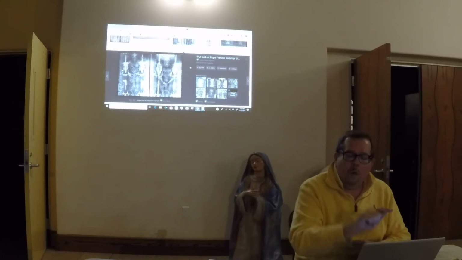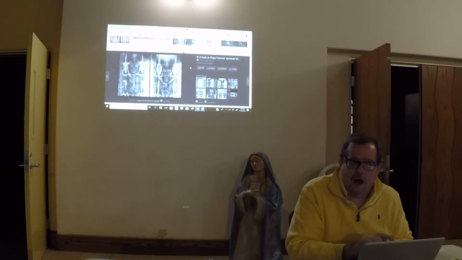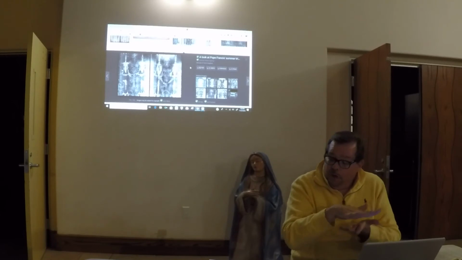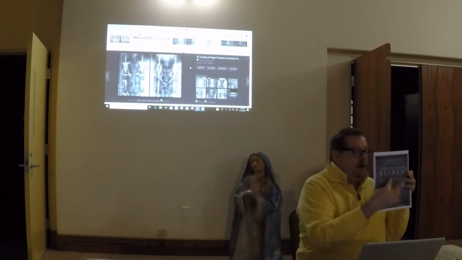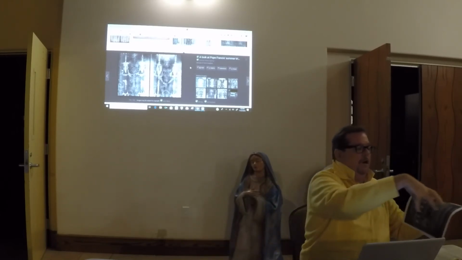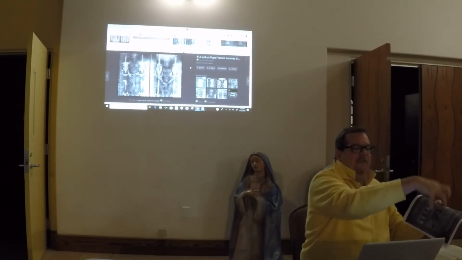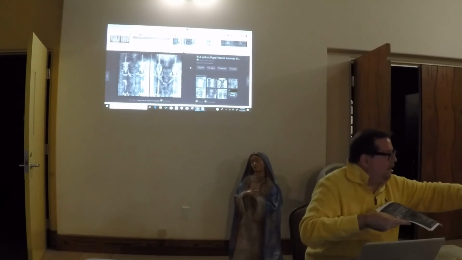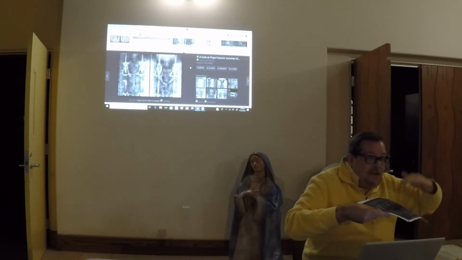Okay? So, when you analyze the shroud, brace yourself, and analyze it the same way as you would a photograph like this photograph. If I put it under a camera and get a sense, does it have any third-dimensional qualities, it would say no. It's just flat. It's just shades of light and dark.